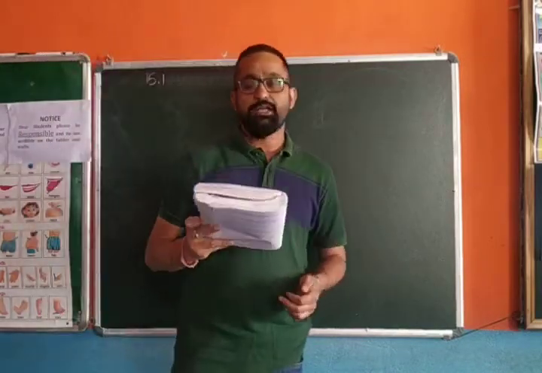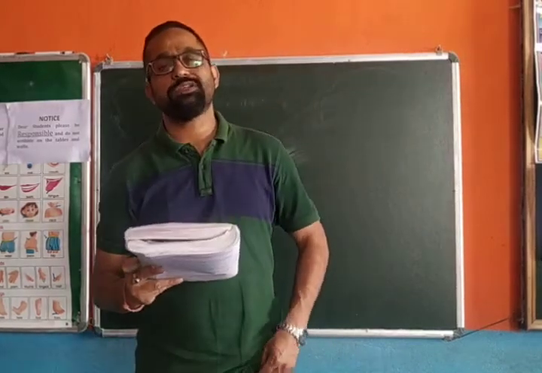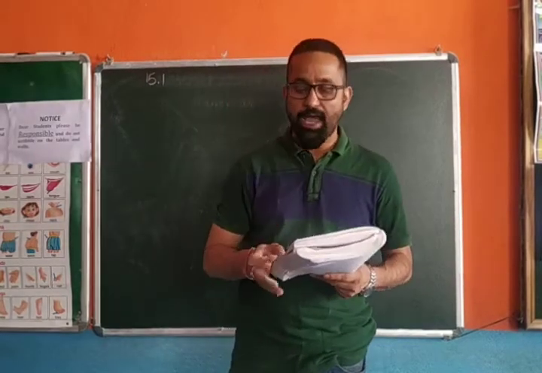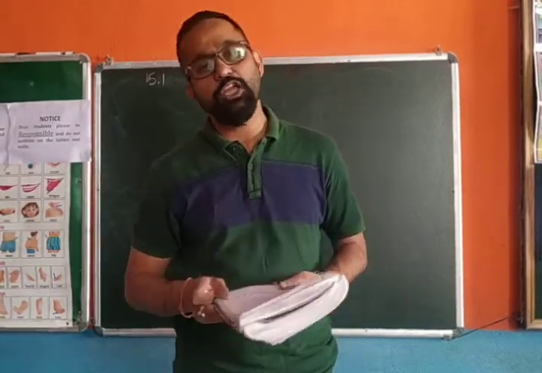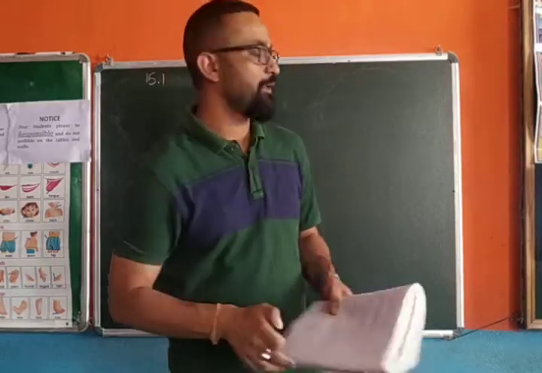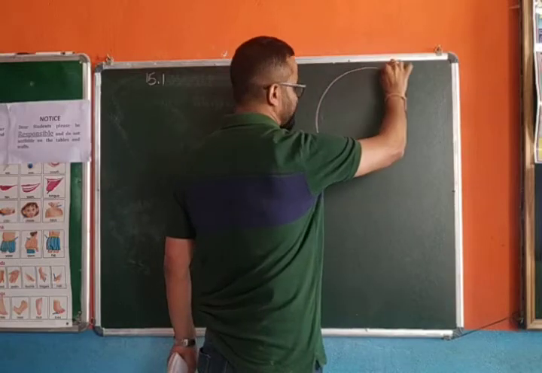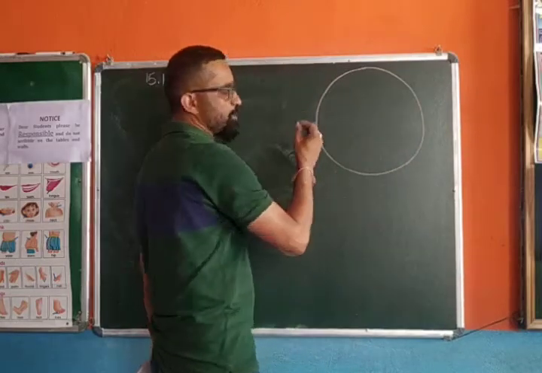Theorem tells you that straight line drawn from the center of a circle to bisect a chord which is not a diameter is perpendicular to the chord. So see what this theorem tells you. Circle.